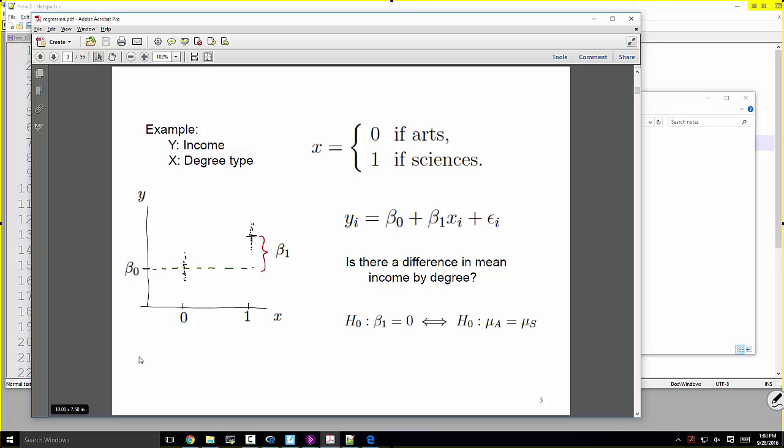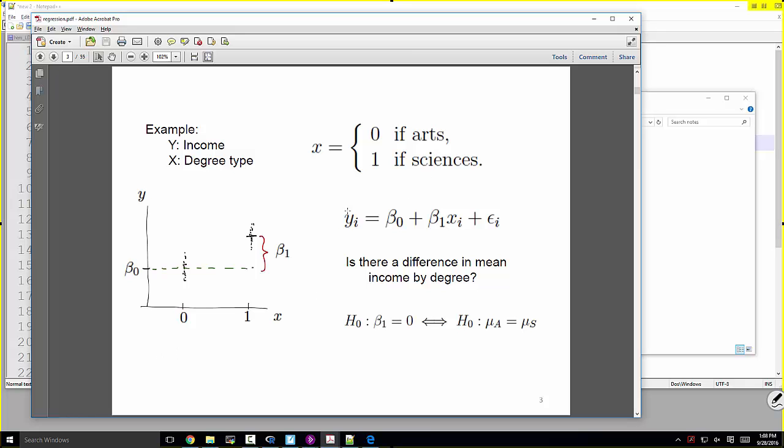This really is a two-sample comparison of means problem, where we have a continuous numerical response, in this case annual income, and x, our predictor variable, is not numeric, but categorical. We defined it arbitrarily to be equal to 0 if your degree type was arts, and 1 if your degree type was sciences. We can still write a regression model.